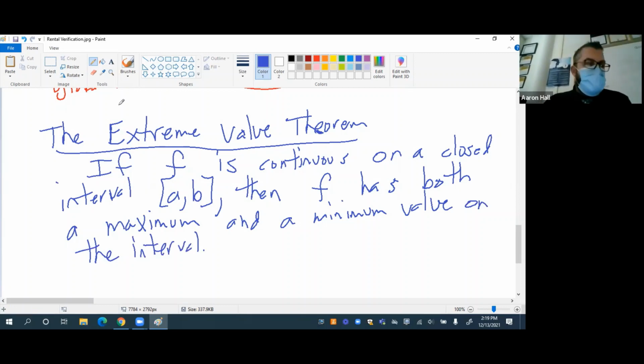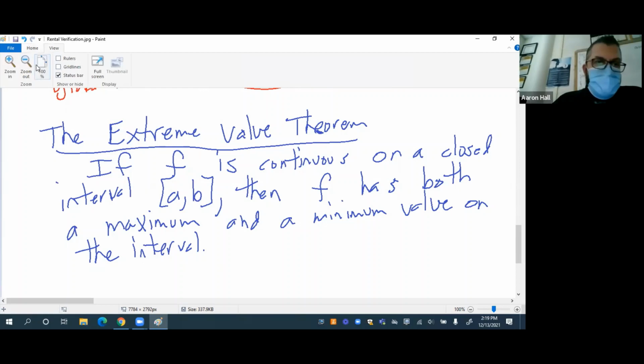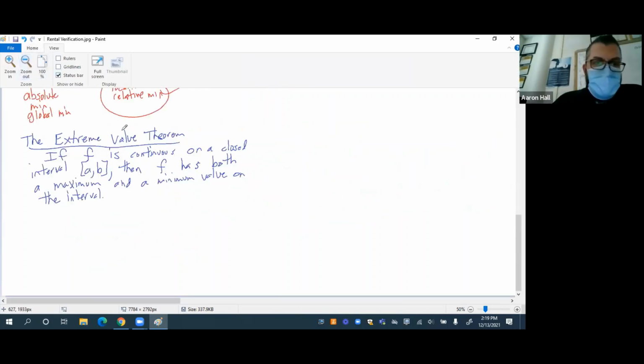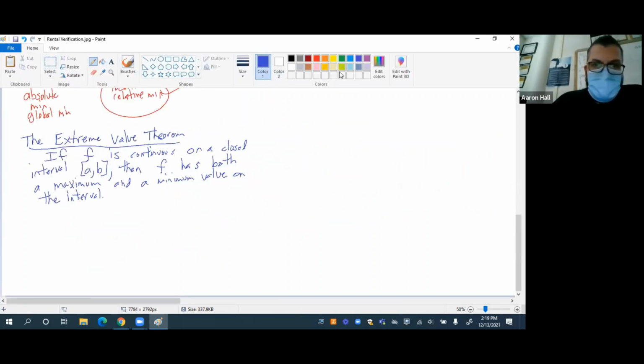Okay, so I'm just going to draw some pictures. Whether you choose to add these to your notes or not is up to you. But here is the idea. So here's from a to b, and I have a closed continuous graph that guarantees a max and a min. Here's another possibility.